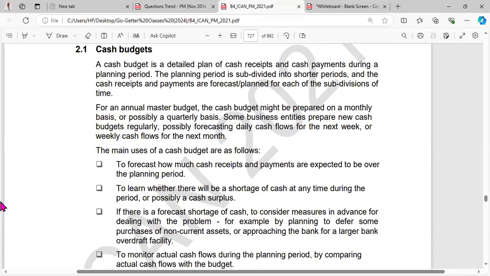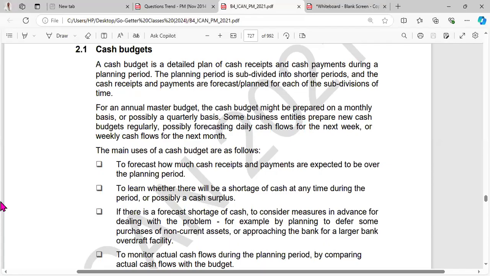So the aim is to ensure that you know what is coming in and what is going out. If there's going to be insufficient cash when you want to spend, you know you need to source for funds. And if there will be too much cash received that you may not be spending, you know when to invest.